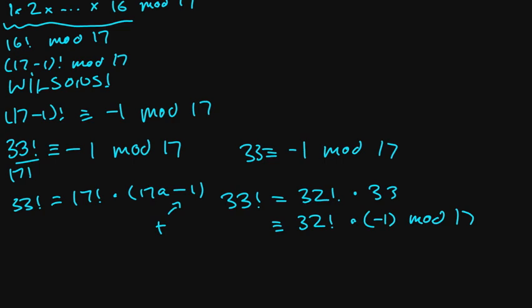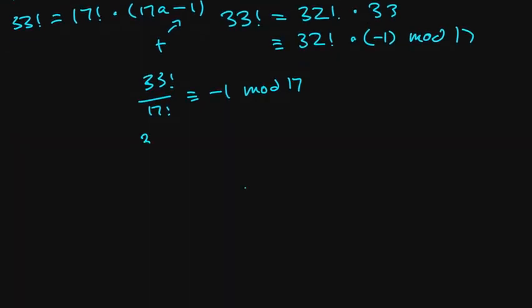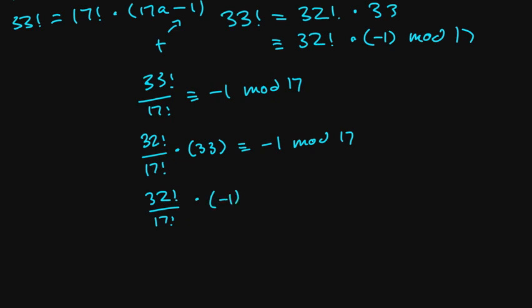And since we know that 33 factorial over 17 factorial is congruent to negative 1 mod 17, we know that 32 factorial over 17 factorial times 33 is congruent to negative 1 mod 17. And so therefore 32 factorial over 17 factorial times negative 1, since 33 is congruent to negative 1, is congruent to negative 1 mod 17.